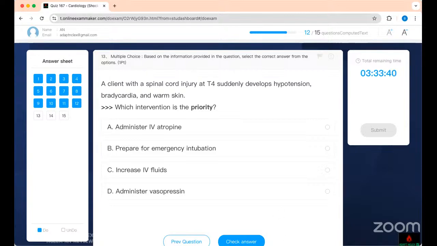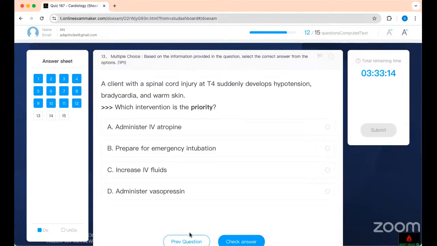So which of these is going to fill the vein and squeeze it? Think about it. First, I have to fill the vein, and after I fill the vein, I'm going to squeeze it. So pick an answer choice where you fill the vein and then squeeze it. Do you give them atropine for the bradycardia, or intubate them, or give them fluid or vasopressin?